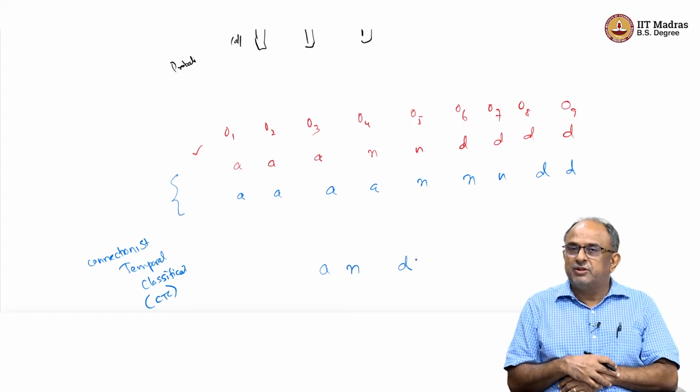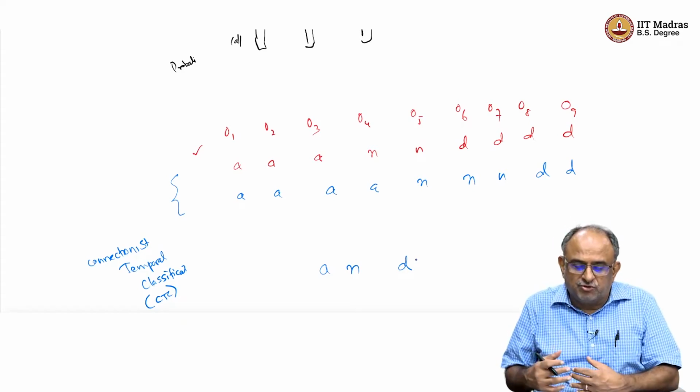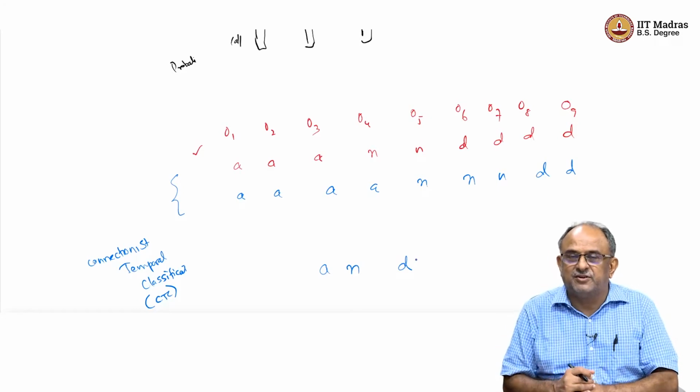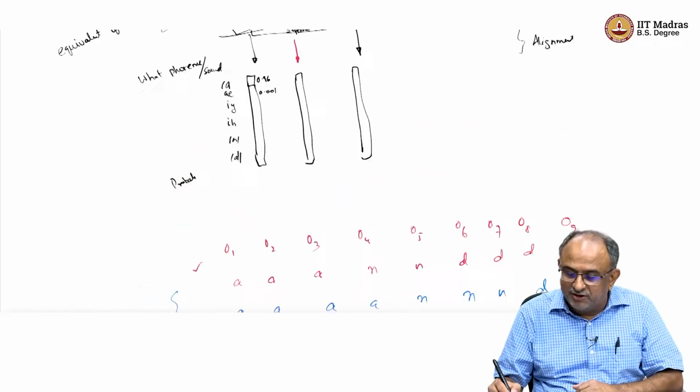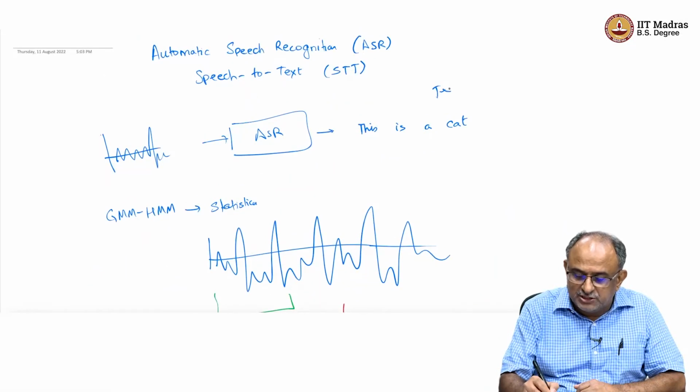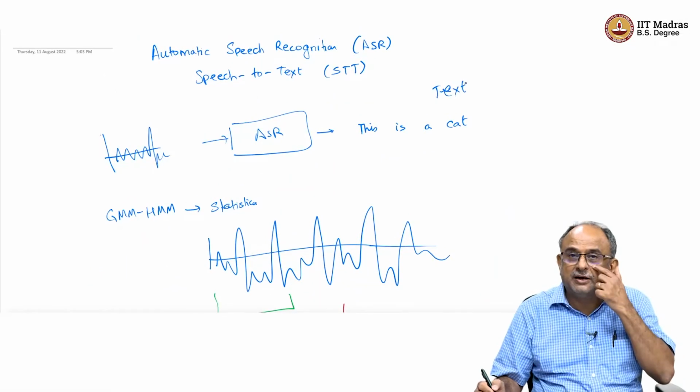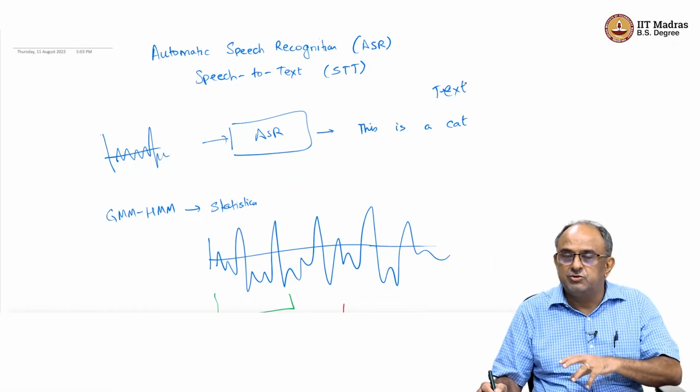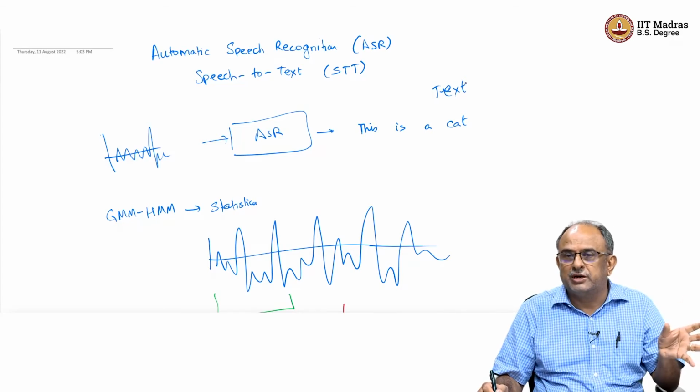So quickly we can think: why go to sounds? Why not go directly to characters? Ultimately I am always interested in a text output, which is nothing but a sequence of characters. So why go to a sequence of sounds and then look at the lexicon?